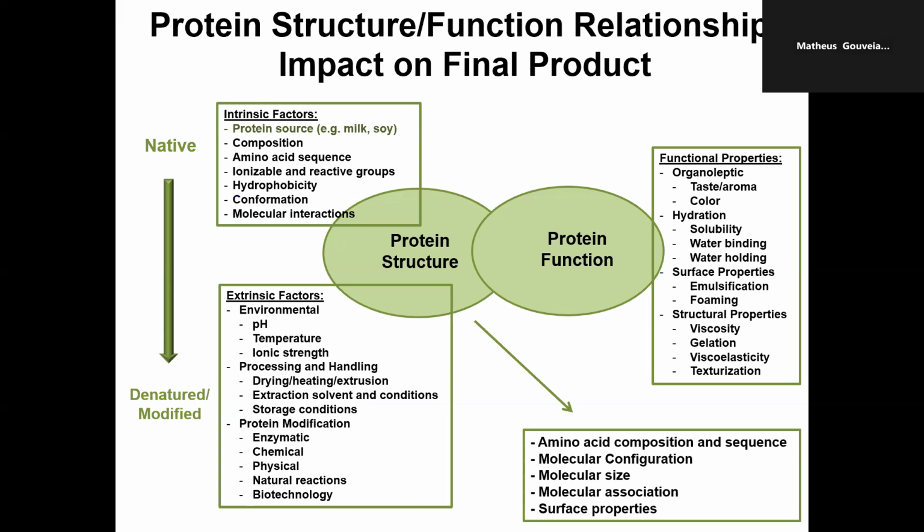Depending on processing and environmental conditions, we go from native to denatured. Then we learned all the methods of assessing structural changes, then we learn about these structural changes as we move from native to denatured, and then we'll see how that will impact functionality. So we're slowly building that puzzle together.